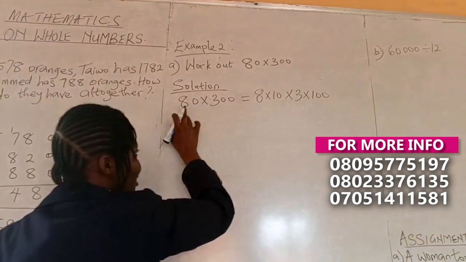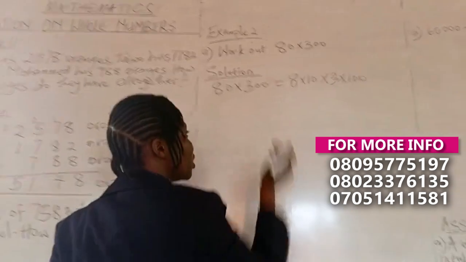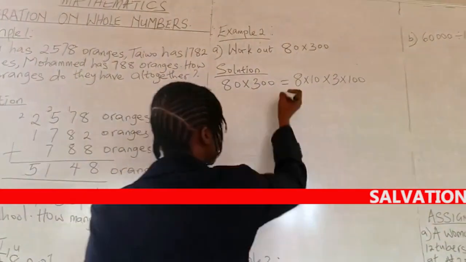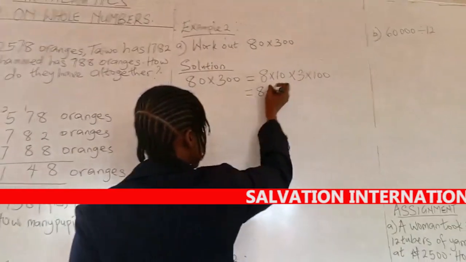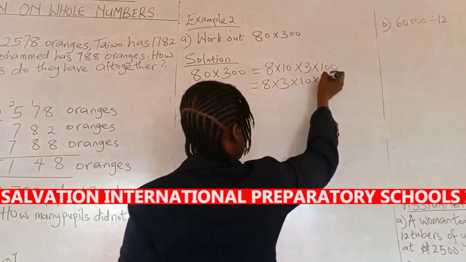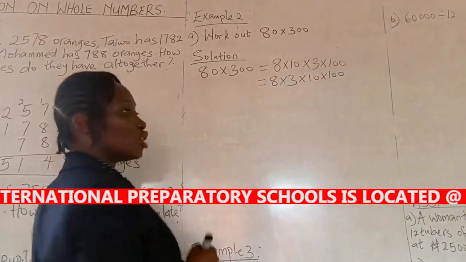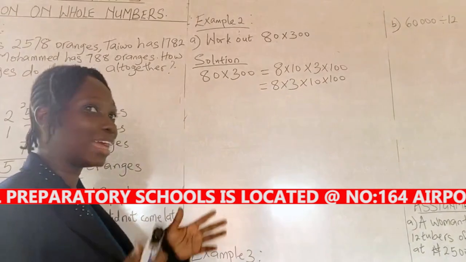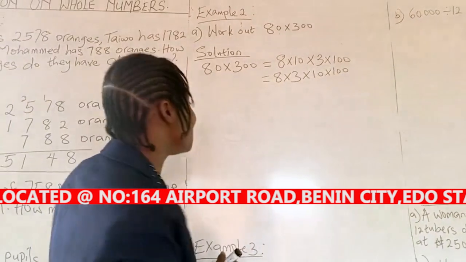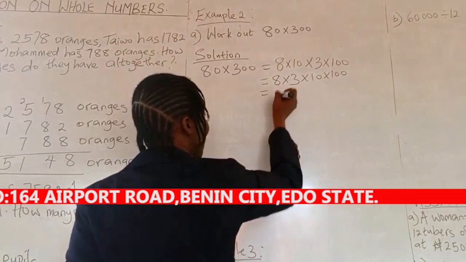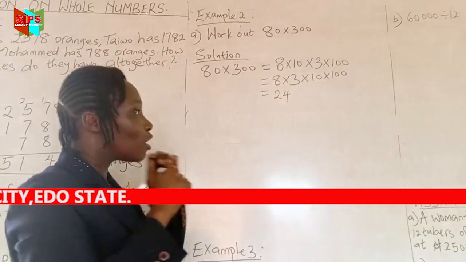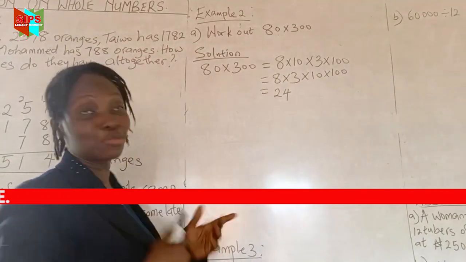And of course you can always bring your single numbers together. This is 8 times 3. Then you bring your 10 together, 10 and 100. Okay, 8 times 3 in your multiplication table. 8 times 1 is 8, 8 times 2 is 16, 8 times 3 is 24. Yes, so you write your 24 because in Salvation International Preparatory Schools, junior secondary students are not expected to make use of calculator.